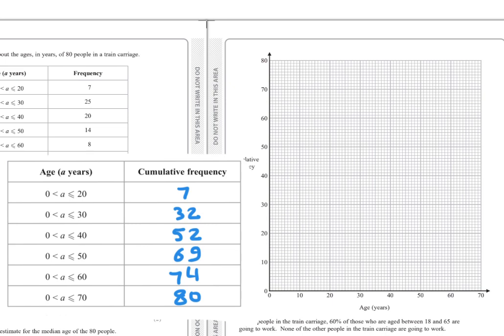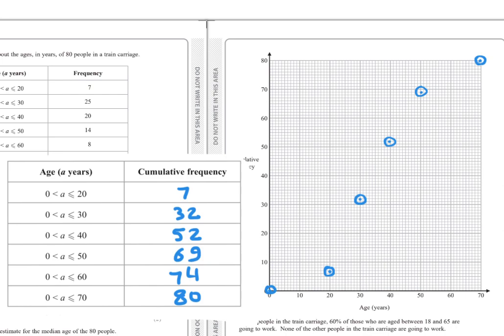To draw the cumulative frequency curve, take the upper value and the cumulative frequency, so 20 and 7, 30 and 32, 40 and 52, 50 and 69, then 70 and 80, and the origin, which is 0 and 0.